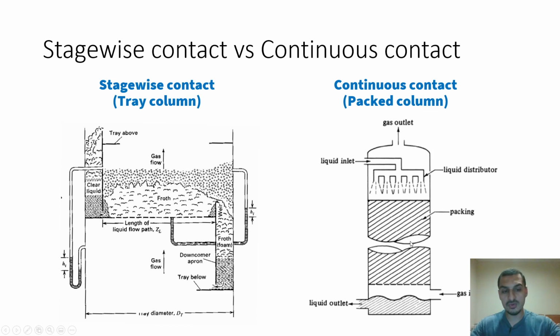I have a continuous contact between the two phases, and in each segment of this column I have a change in the composition in the liquid and in the vapor phase, and that's why I can never use the equations or the method of calculation that I used in the tray column, or in the stage-wise contact systems.